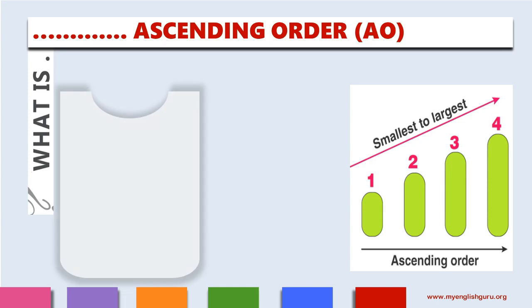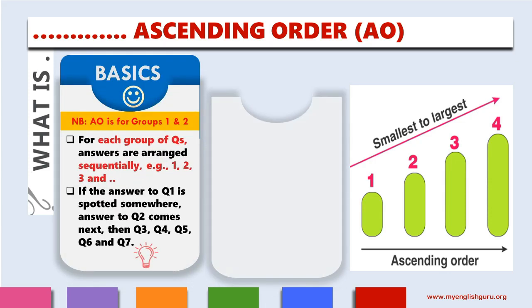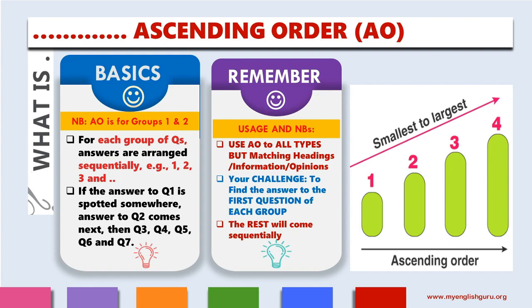But ascending order is something you need to know before we move to that. As you know, for one specific group of questions, answers are given accordingly, sequentially. Sequentially means if you get the first answer in a particular place in the text, the second is next, third is next.